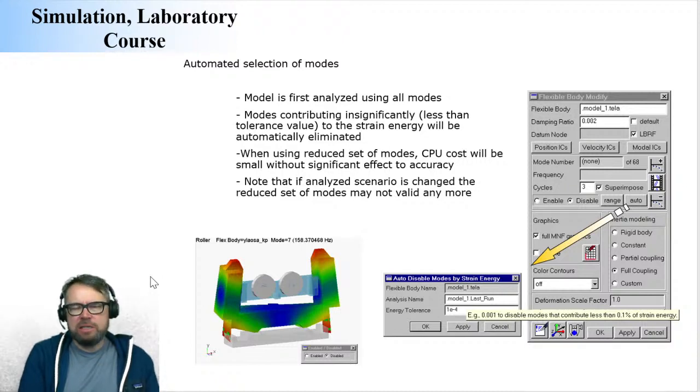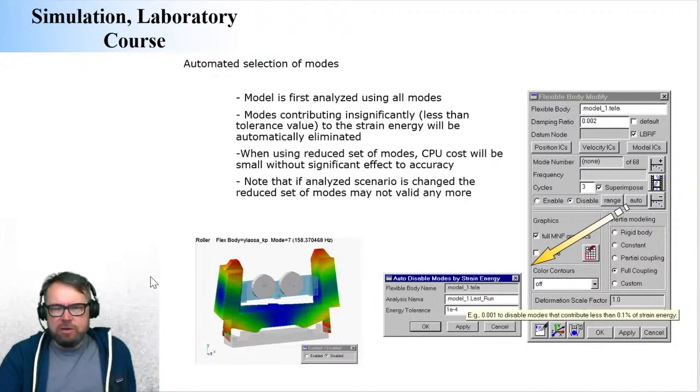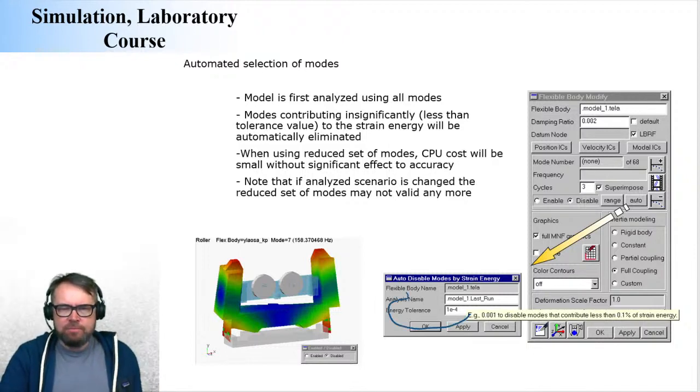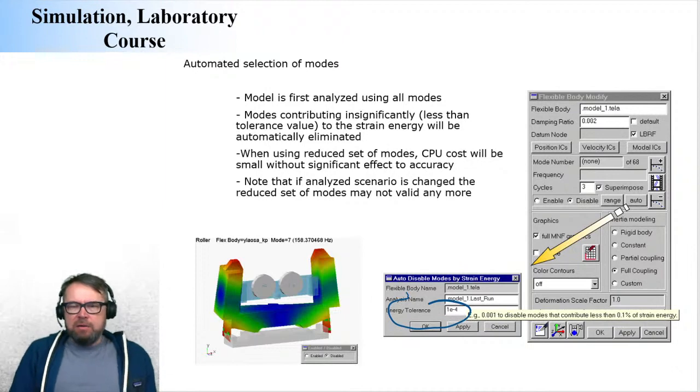And then you set the threshold value. The threshold value here is considered the energy tolerance. If a single mode is contributing less than the preset tolerance to strain energy, then it's considered insignificant. It's a very simple way to look at that.